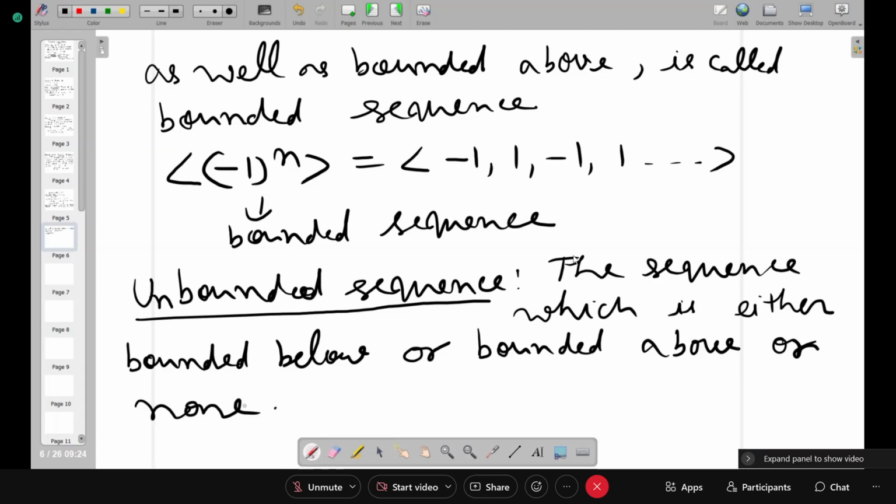Means neither bounded below nor bounded above. Such a sequence is called an unbounded sequence.